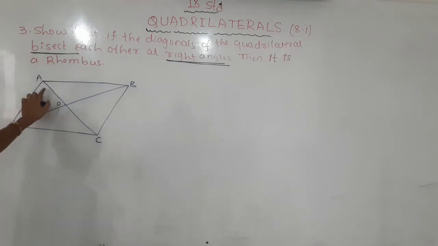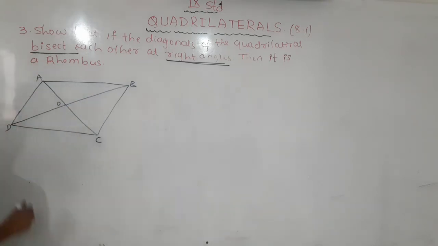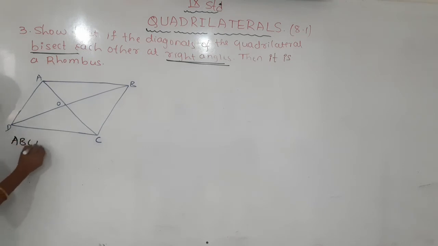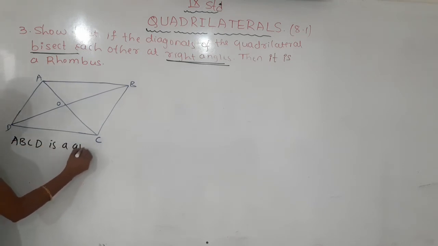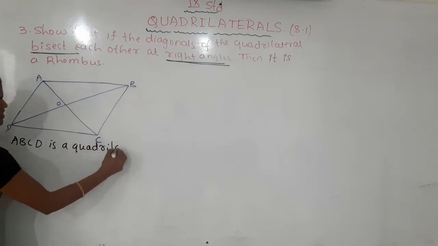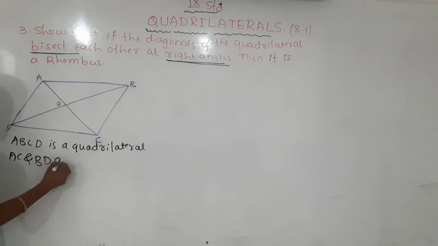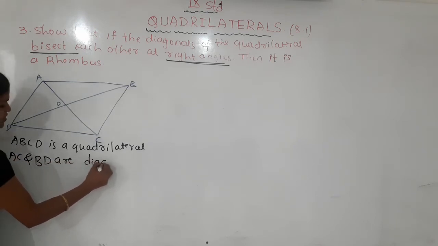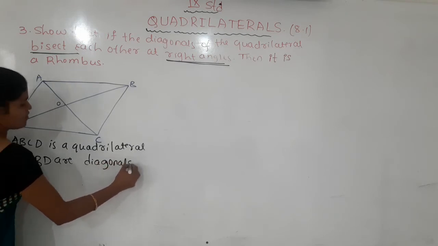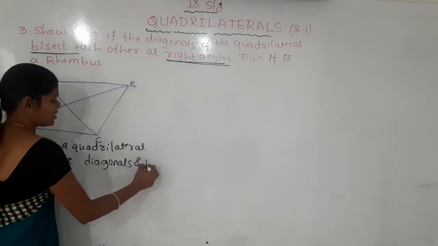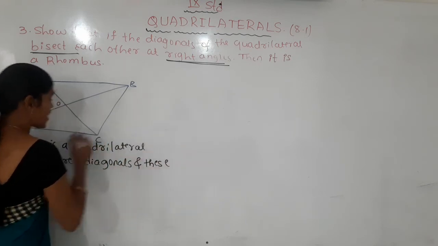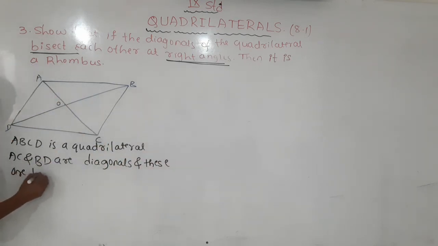Here the diagonals bisect each other. ABCD is a quadrilateral. Here AC and BD are diagonals, and these bisect each other.